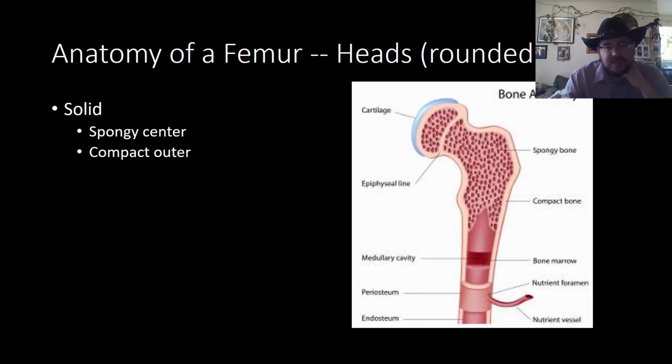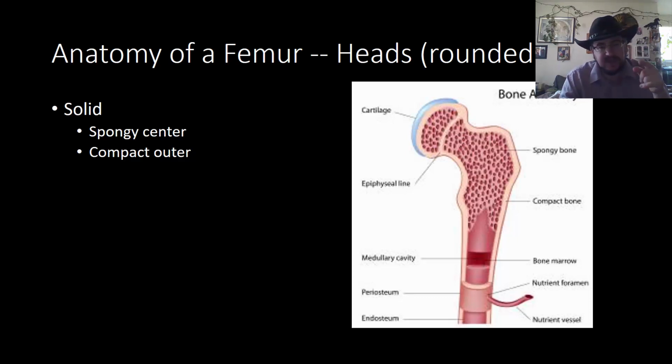So we can see right here, contrasting with the shaft where we have a hollow marrow cavity, up at either end with the heads, we have completely filled in with spongy bone. I don't want to use the word solid spongy bone because spongy bone is much less dense, but there it is. We don't have a marrow cavity in the heads.